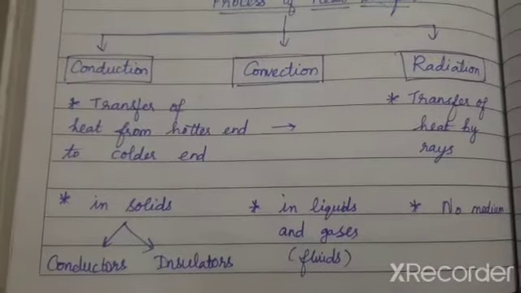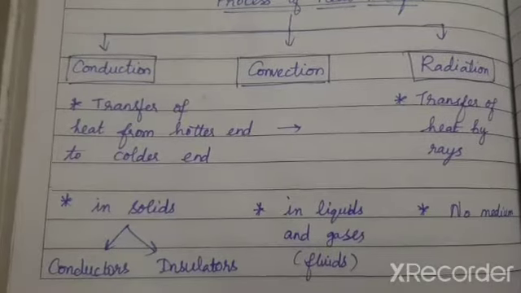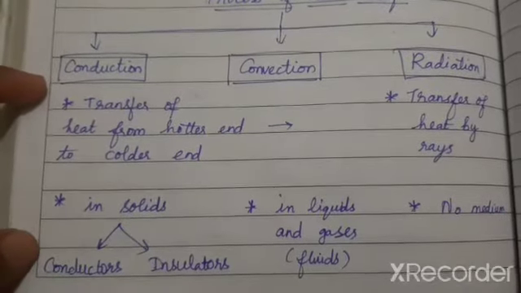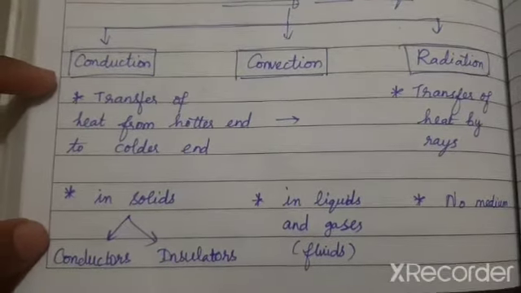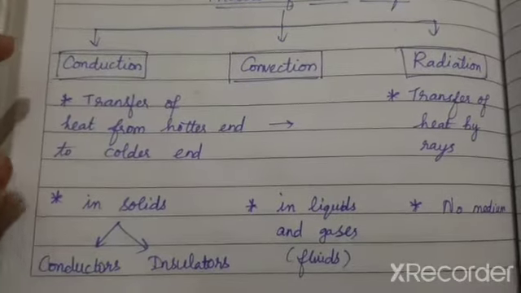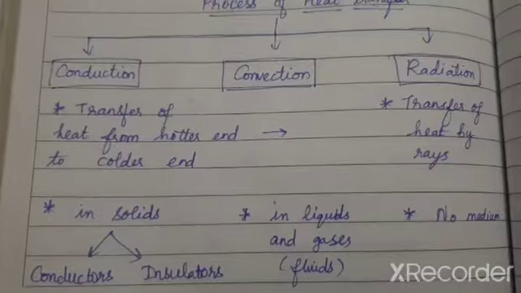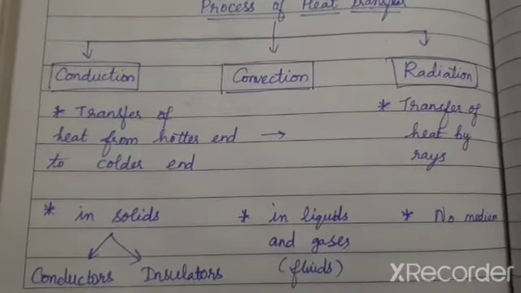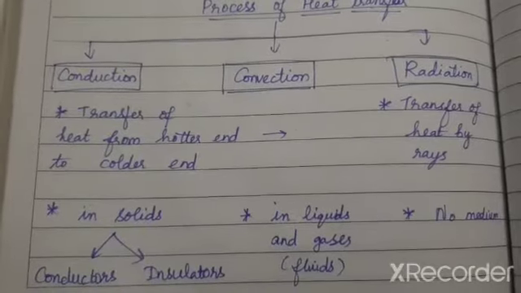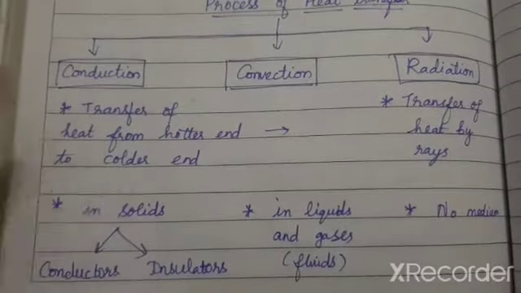Already we have learnt the materials to be classified as conductors and insulators in the electricity chapter itself, in your last year. So there we learnt a word that based on the transfer of electricity and heat, the materials are classified as conductors and insulators.